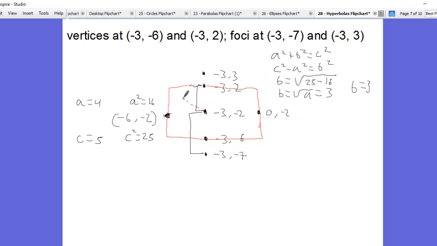I draw asymptotes through the corners of the box. These asymptotes go on forever. Then at the vertices, I draw parabola-like shapes that approach the asymptotes. And these foci are the foci of these parabola-like shapes. So that's the hyperbola.